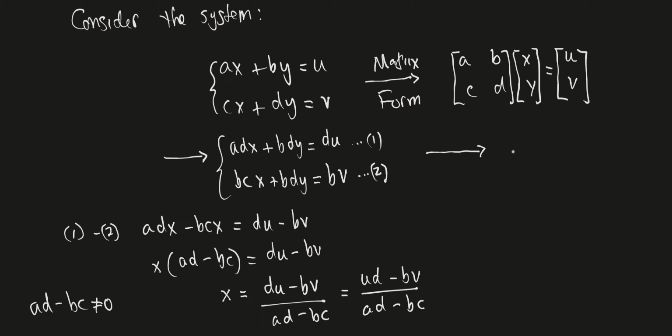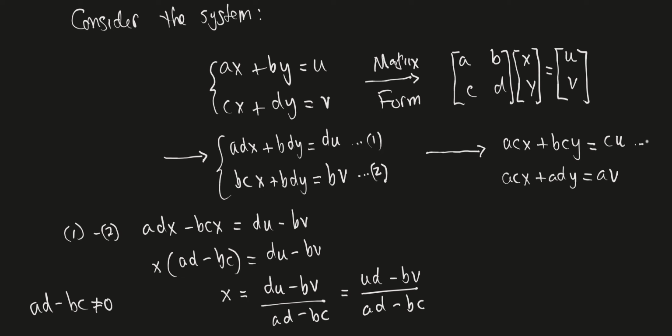So if I multiply the top equation by c, I'm going to have ACX plus BCY is equal to CU. And if I multiply the bottom equation by A, I'll have ACX plus ADY is equal to AV.